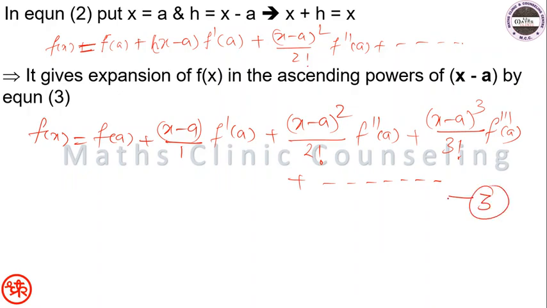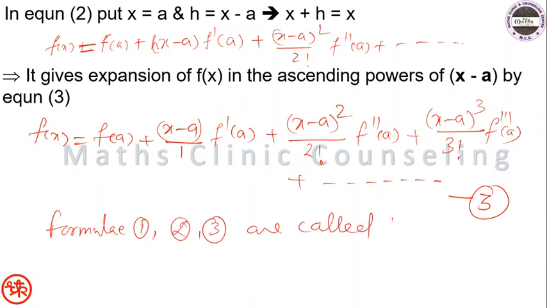So formulas 1, 2, 3 are called the Taylor's expansion formula.